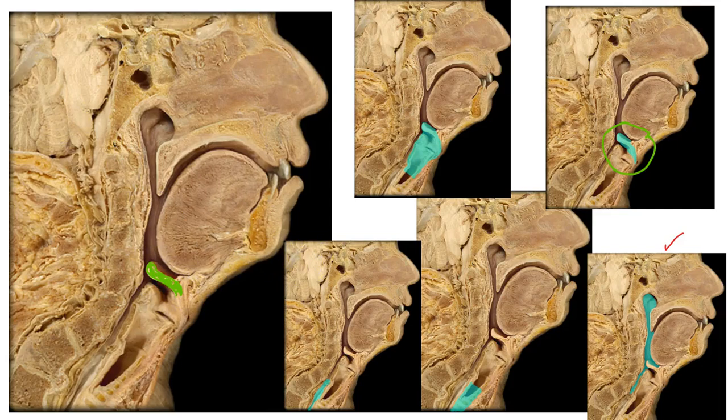So make sure you know the epiglottis. So this is the epiglottis that you can see here. And then this region that you can see, it's kind of a cartilaginous region, is the larynx. So you can find the larynx right here.